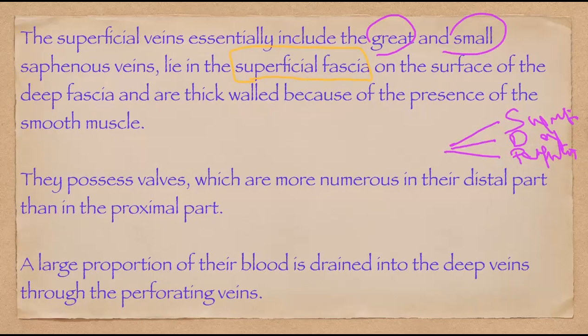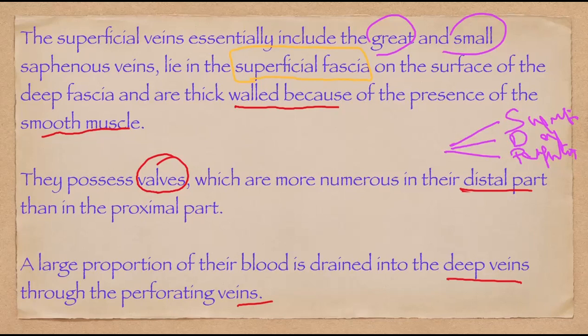They are thick walled because of the presence of smooth muscle. This is not as thick as the artery, but there is some smooth muscle. They possess valves, which are more numerous in their distal part than the proximal part. A large portion of their blood is drained into the deep veins through perforating veins.